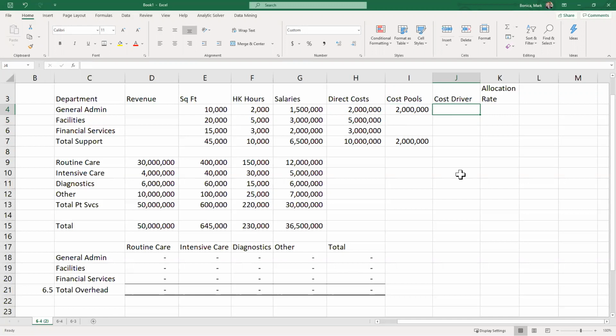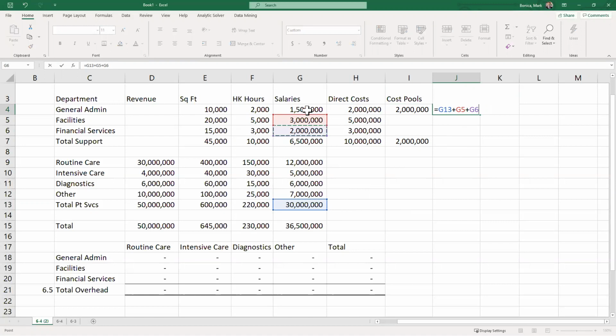So the cost driver is going to be salaries, but this time it's not going to just be the $30 million in salaries. It's going to be the $30 million in salaries for the supported profit centers, plus it's going to be the salaries for facilities, plus it's going to be the salaries for the financial services.